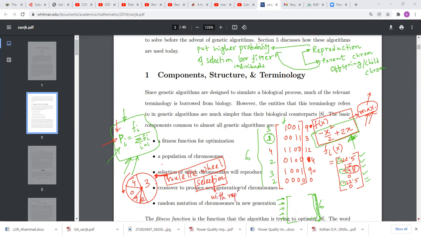Those of you who have taken a probability course should know what is meant by with replacement and without replacement. With replacement simply means you have, let's say, 3 balls, 2 white and 1 black. And what is the probability that if you pick 3 times, or let's say 5 times, the black ball would be picked?